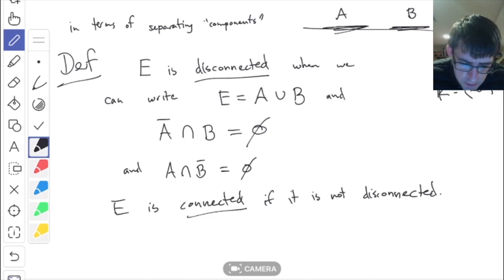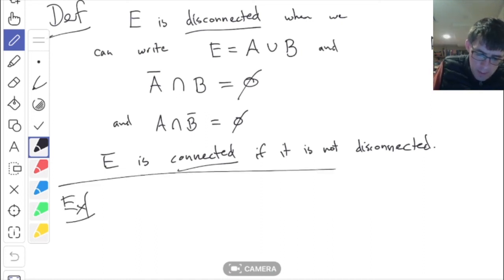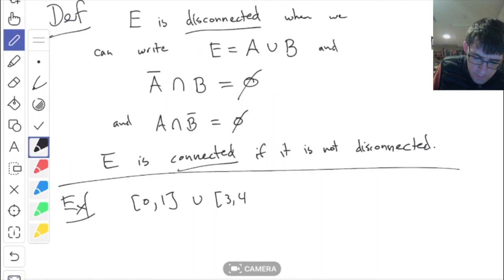It's not so hard to do, usually at least. To show something is disconnected, you need to demonstrate what are the two parts that you're going to break it up into. So, for example, I will do the easiest one. We had this as one of our examples up top. 0, 1, union 3, 4, I believe. This is disconnected.